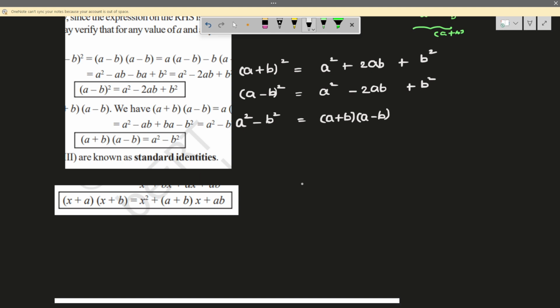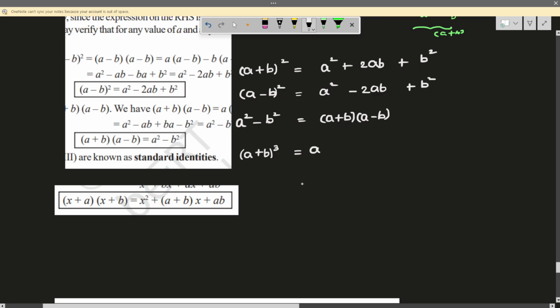And similarly, we have some other formulas like a plus b whole cube: a cube plus 3a square b plus 3ab square plus b cube, and a minus b whole cube will be a cube minus 3a square b plus 3ab square minus b cube.